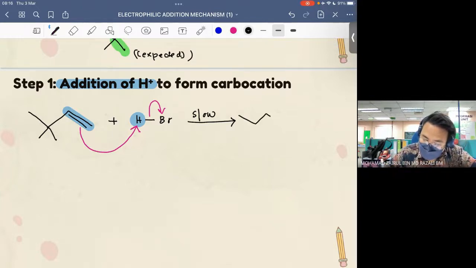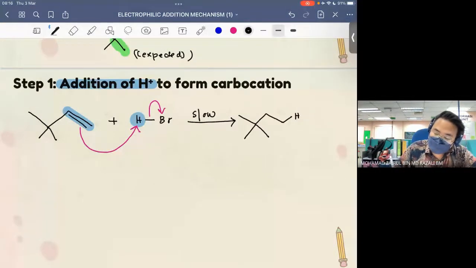So, let's say ni saya tunjuklah, hydrogen tambah dekat sini. So, tambah Br minus. Kalau awak tengok, this carbon yang kekurangan bond. So, ini akan jadi carbocation.